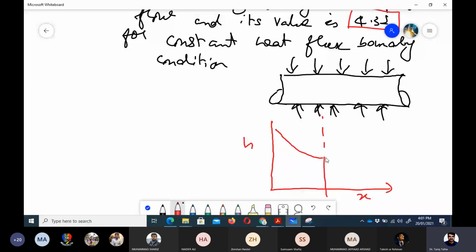So h is a constant value in the fully developed region, and this is the entrance region.